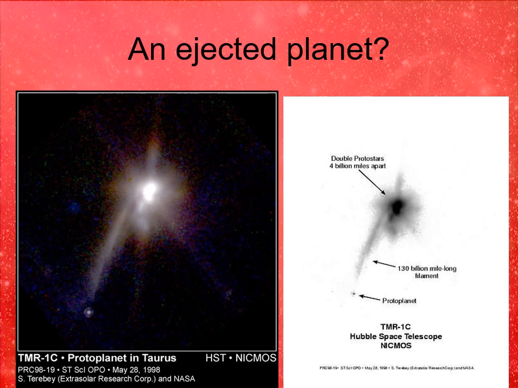It is possible that that could kick a planet out of a star system, either directly or indirectly. Either get kicked out, or if Saturn moved really far out, it could kick something like a Neptune planet further out of the star system. And so it is possible there are in fact planets kicked out of the star system. Well, that would mean you could actually have planets just flying around the galaxy.